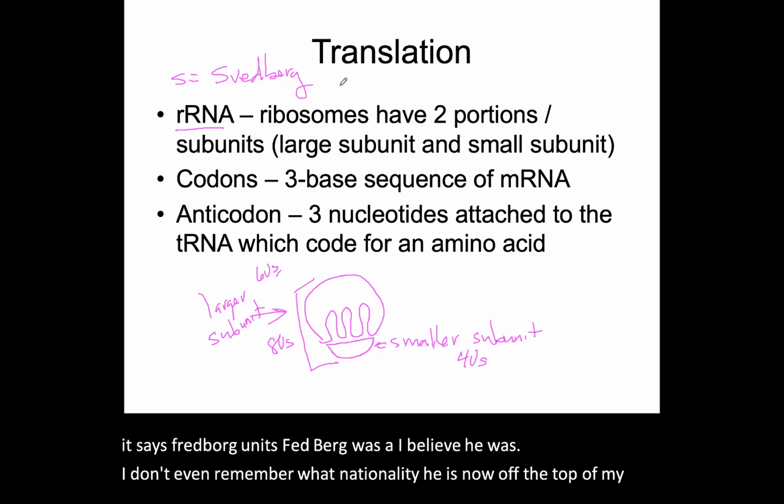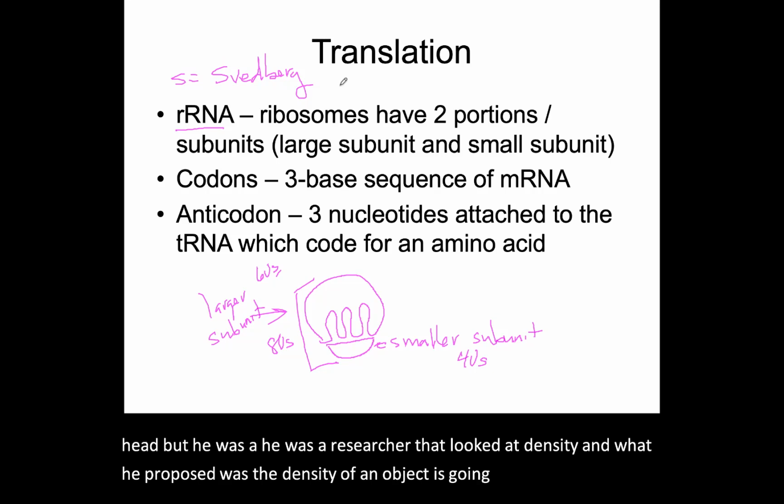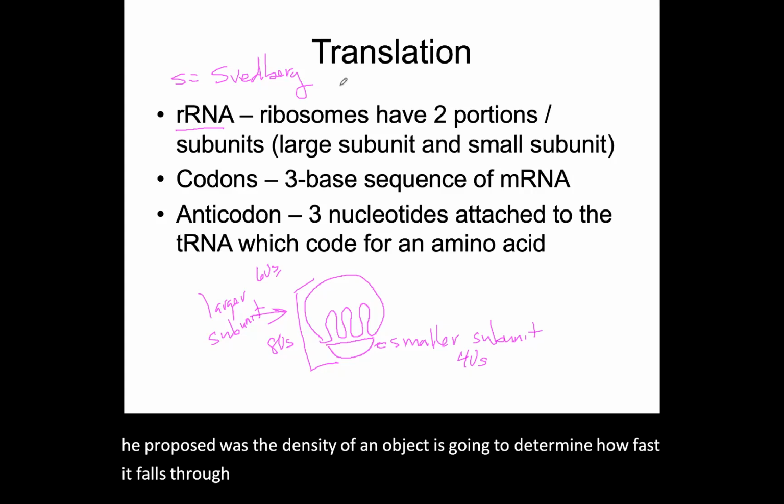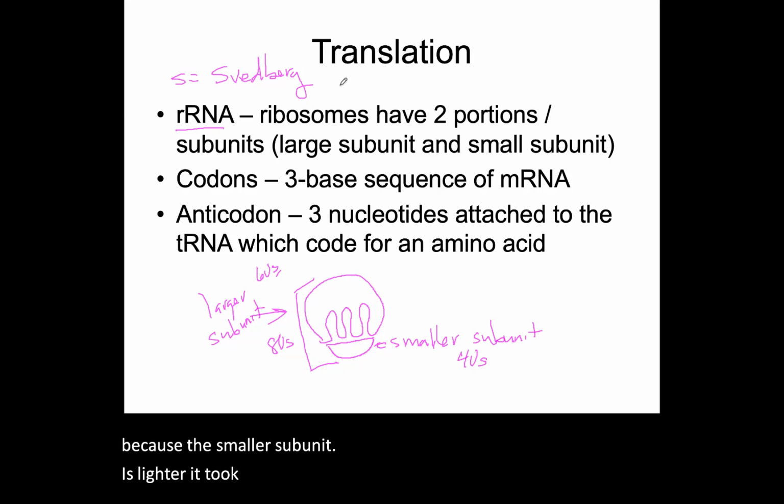But he was a researcher that looked at density, and what he proposed was that the density of an object is going to determine how fast it falls through a column of water. Because the smaller subunit is lighter, it took longer to fall, and so that unit of measurement is a smaller unit.